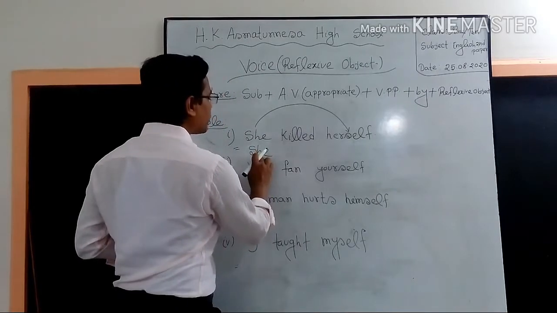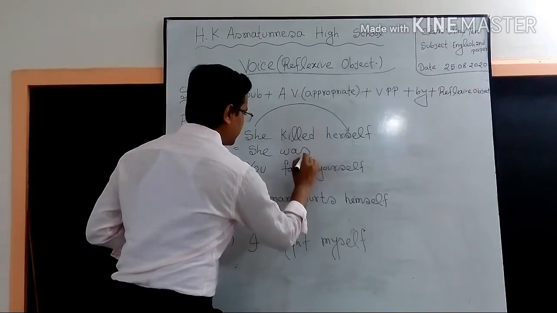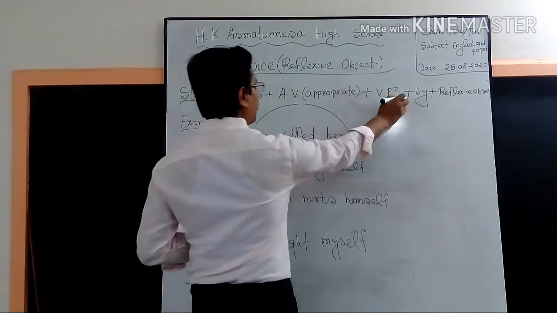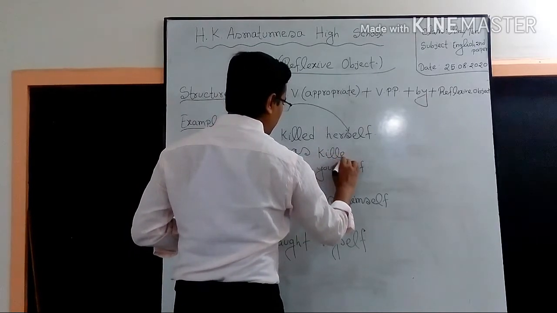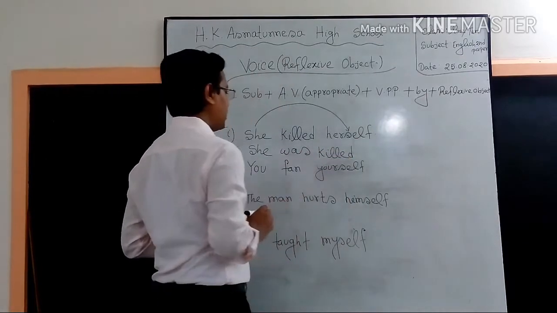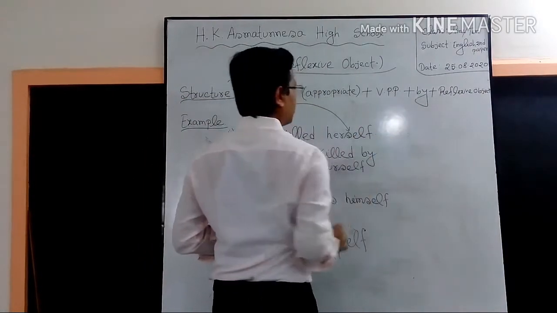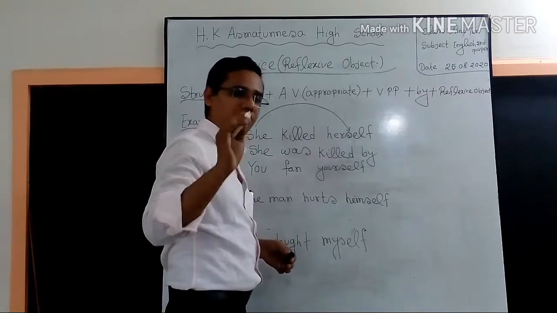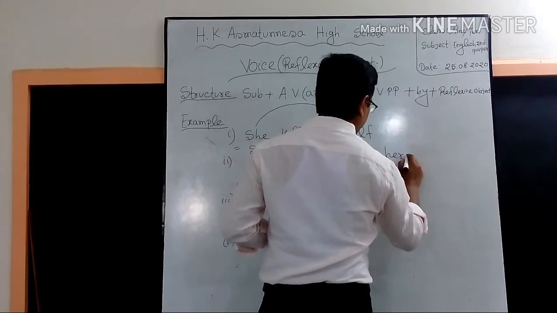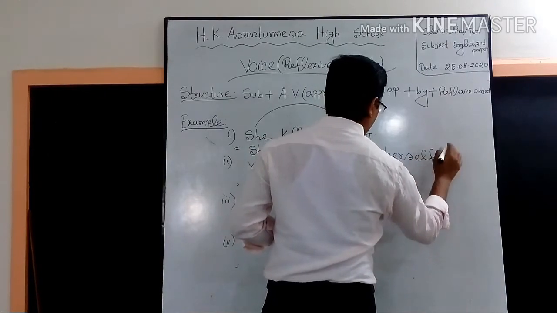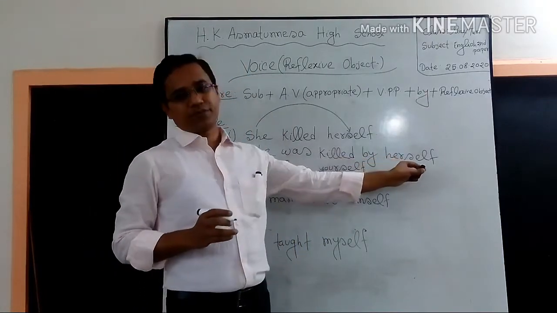Since it is third person singular, we will bring was. Then V3, that means the past participle form of the main verb. So from kill we will write killed. Then by. Then the reflexive object, by herself. We need not change the reflexive object.